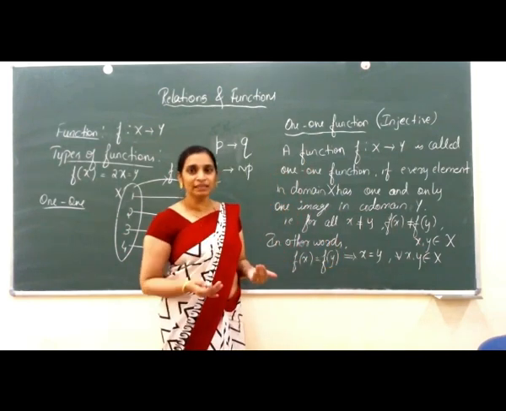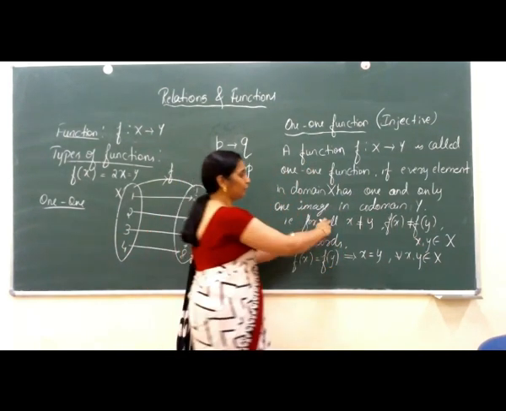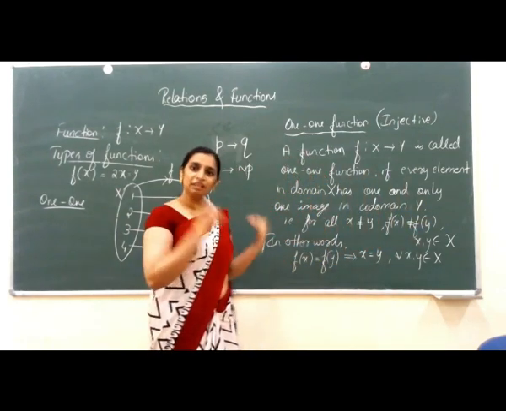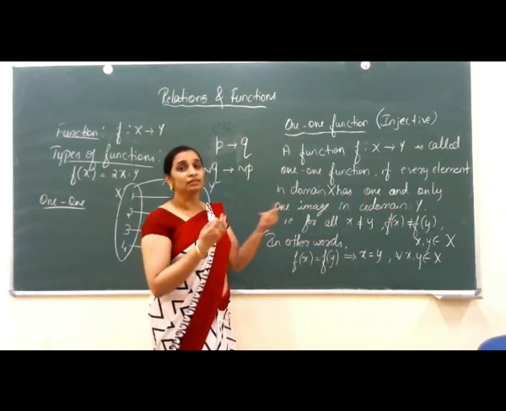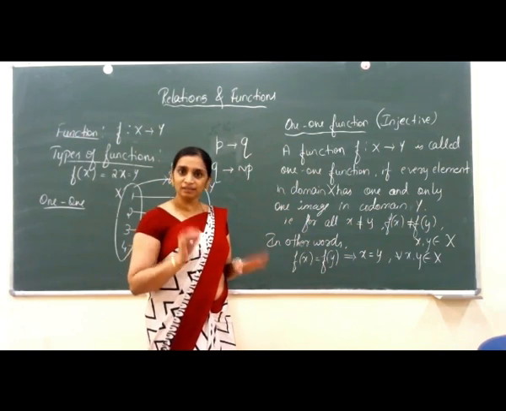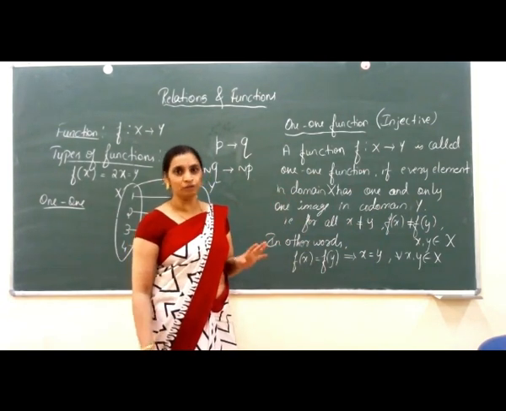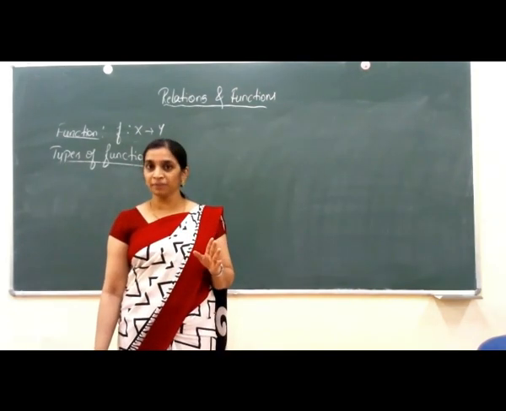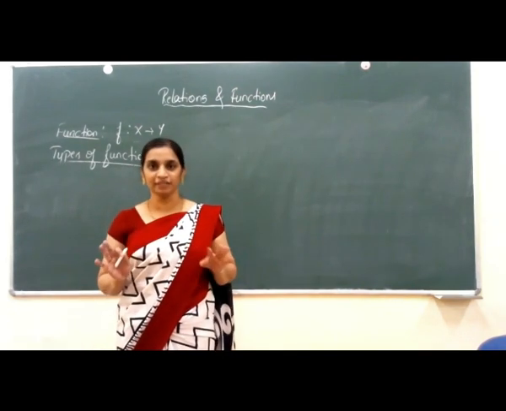But the meaning of one-one function is different elements have different images. If the images are same, then the elements are also same. Otherwise, the function is not called one-one. So remember, one-one means different elements, different images.